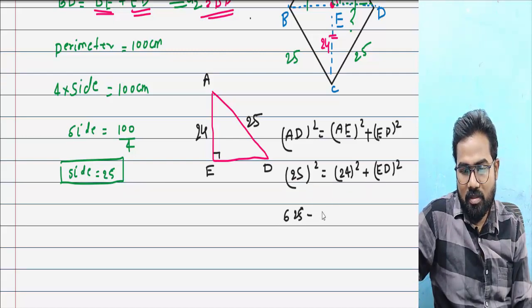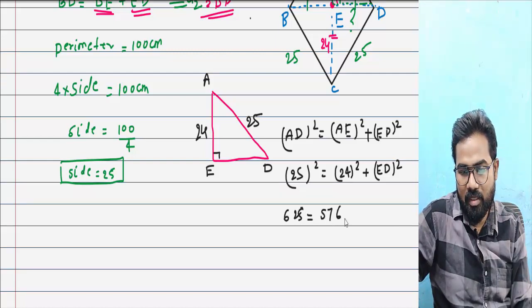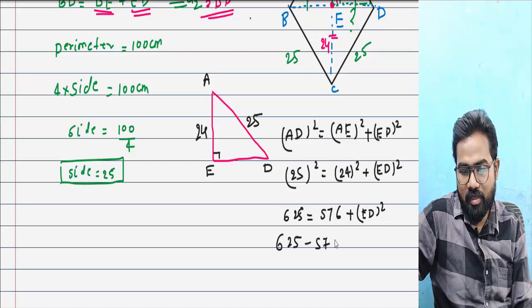That means 625 equals 576 plus ED square. Taking all numbers to one side, 576 equals ED square.